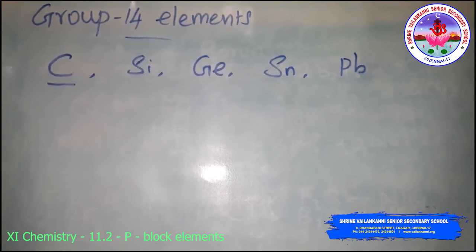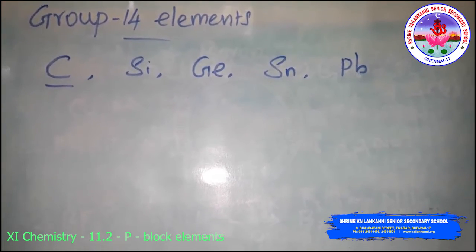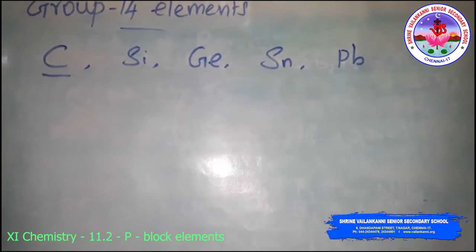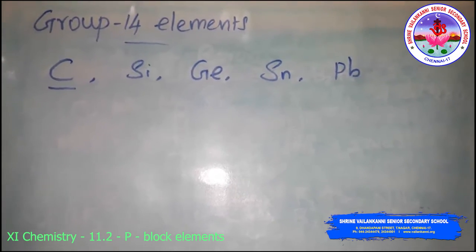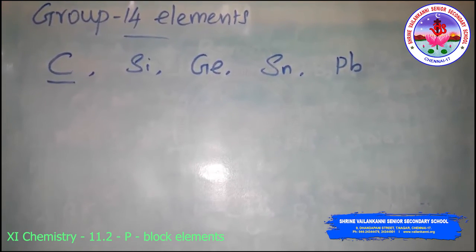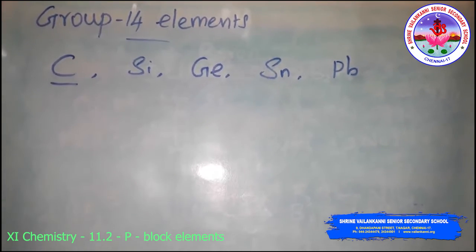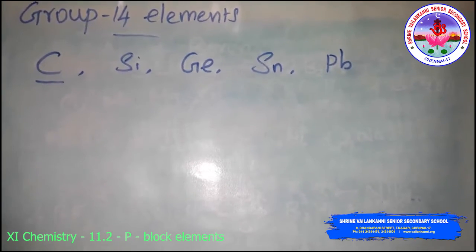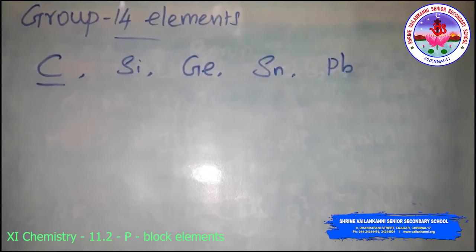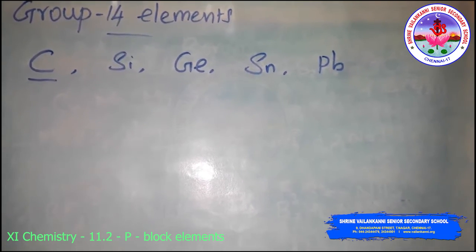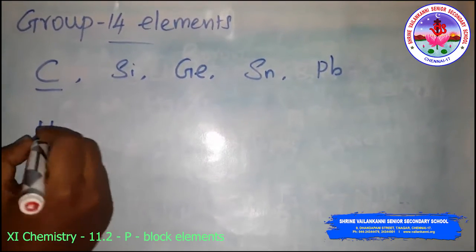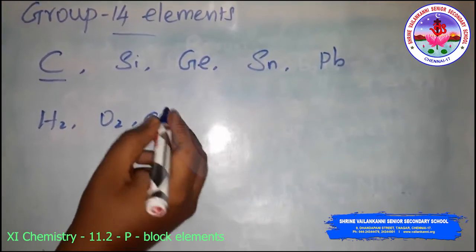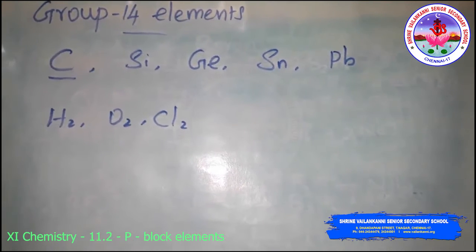However, in combined state it is present as metal carbonates, hydrogen carbonates, hydrocarbons, and carbon dioxide gas in air. Carbon is the most versatile element, and it combines with other elements such as dihydrogen, dioxygen, chlorine and sulfur.